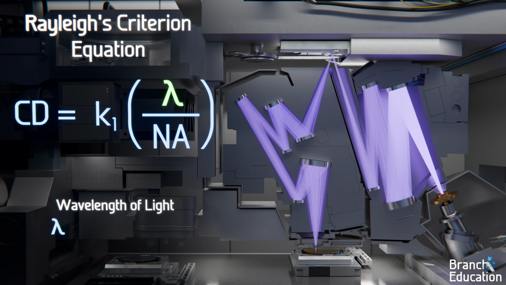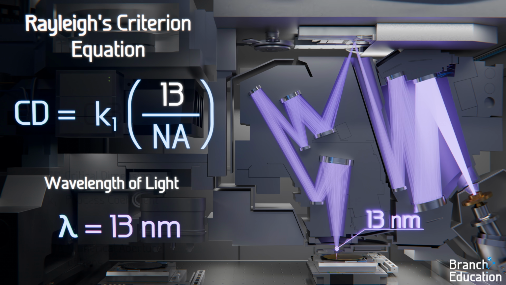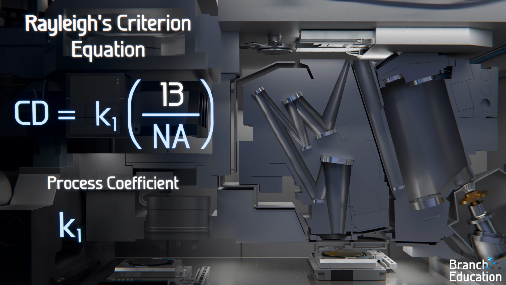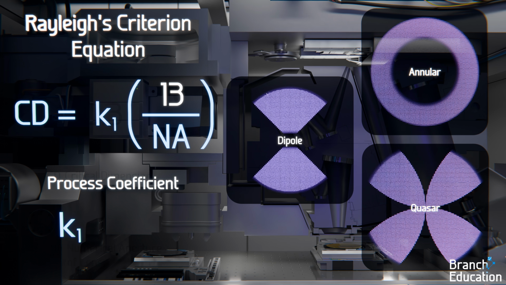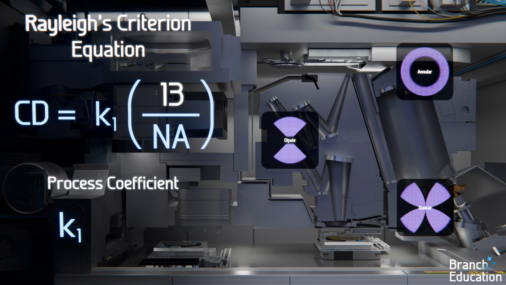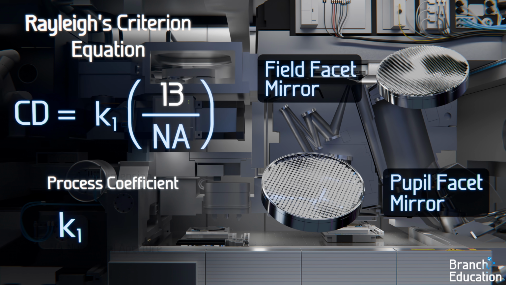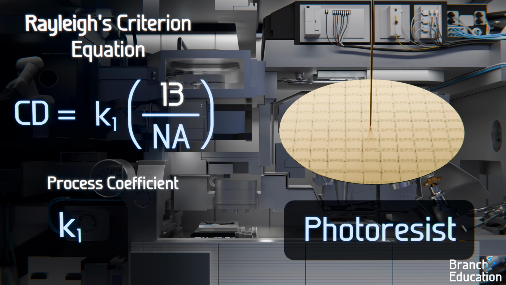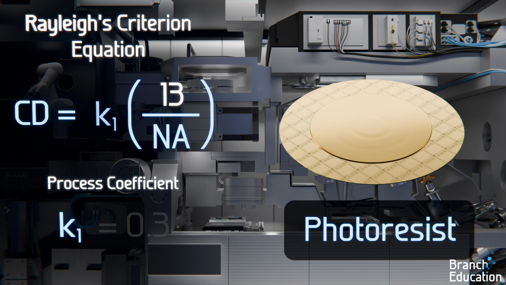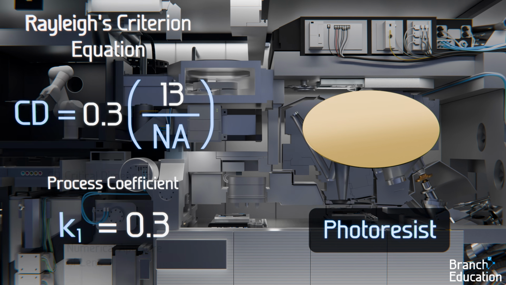The wavelength of EUV light is 13 nanometers. K1 is the process factor, which relates to the various illumination settings created by the field and pupil facet mirrors that we discussed earlier, along with the photoresist and other factors, and is close to 0.3 for this machine.